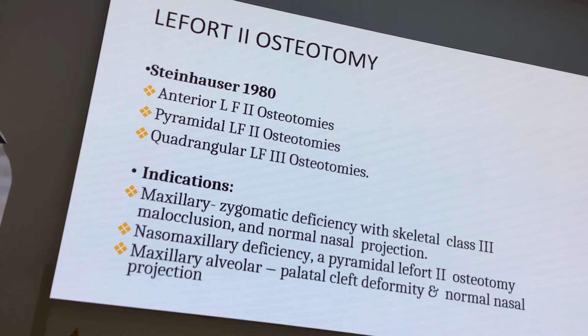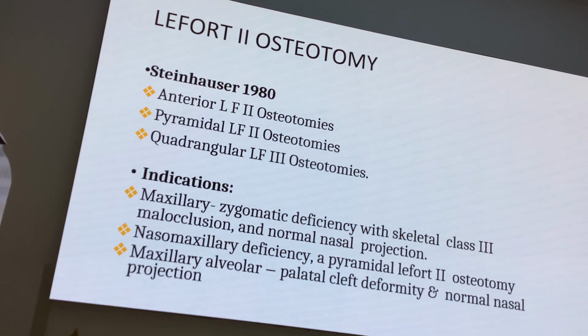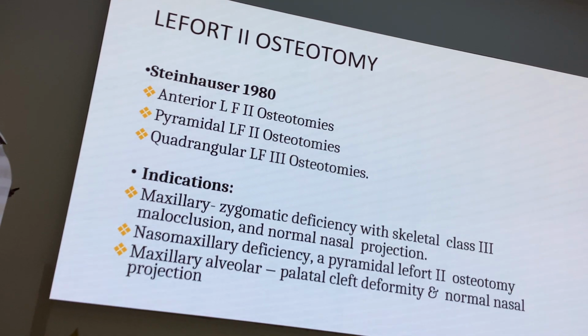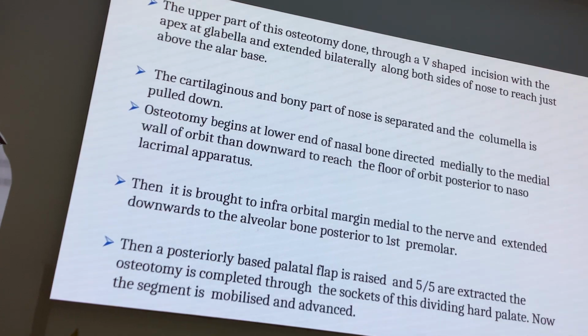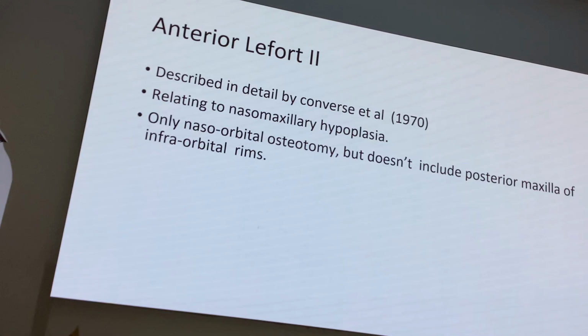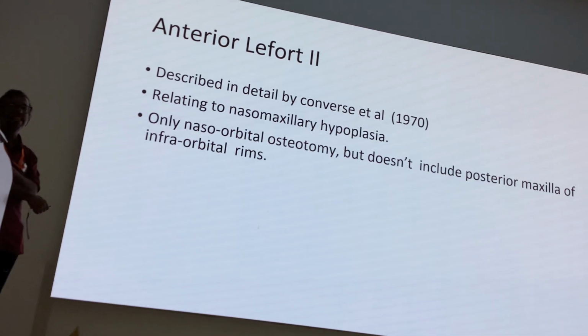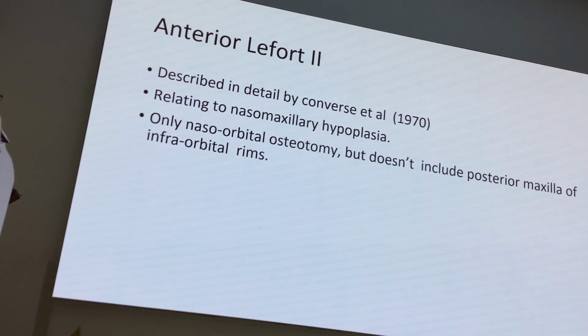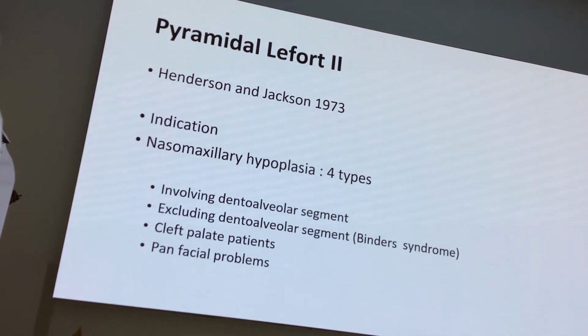Indication is maxillary zygomatic deficiency with skeletal class 3, or nasomaxillary deficiency, or cleft deformity. There is something called the anterior Le Fort 2 and the posterior Le Fort 2. Le Fort 2, where will you be putting an incision?